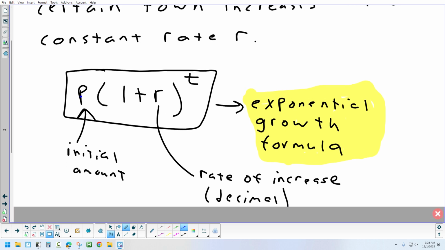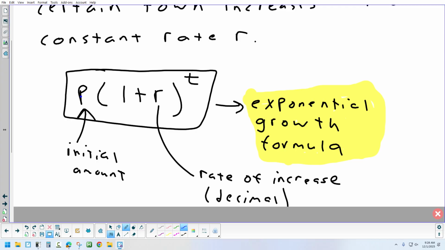Now, if you change one thing in that formula, it changes it from exponential growth to exponential decay. Does anybody have a guess what the one thing that would change is? Put a negative next to t. No, the t actually would stay the same because t is the amount of time. Turn 1 plus r to a fraction.